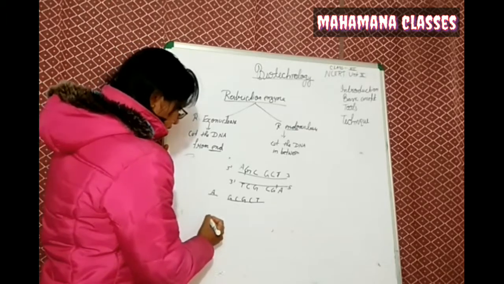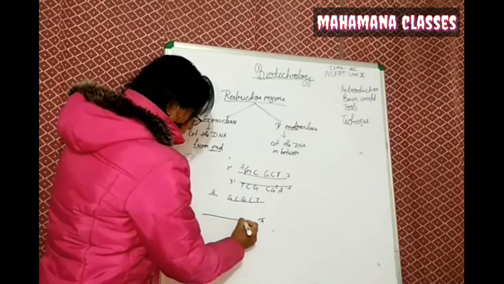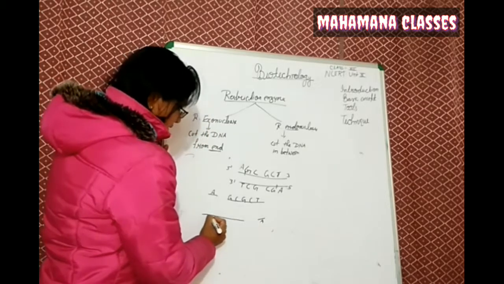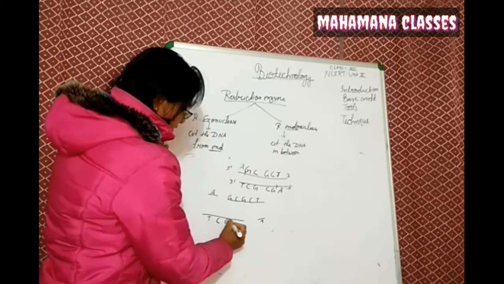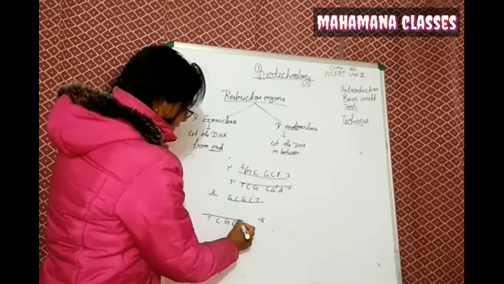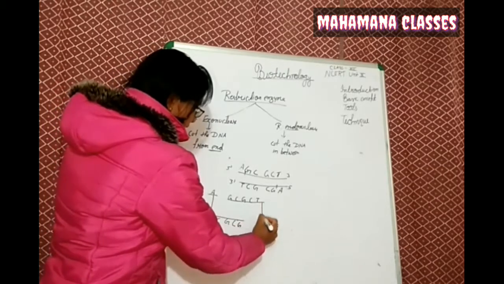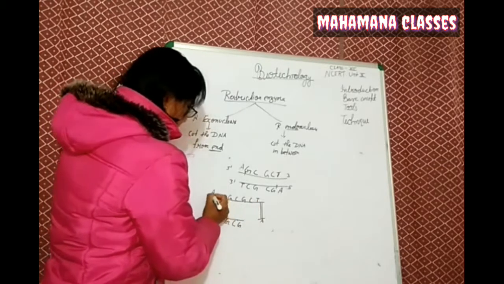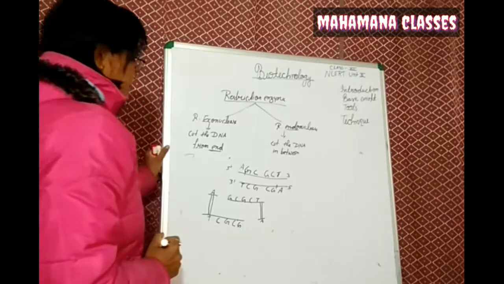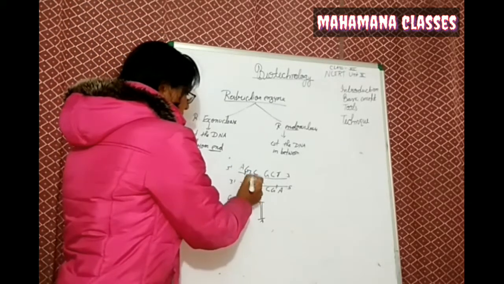And the second strand has T, C, G, C, G. Here it will be joined by a double hydrogen bond, and here by a triple hydrogen bond.